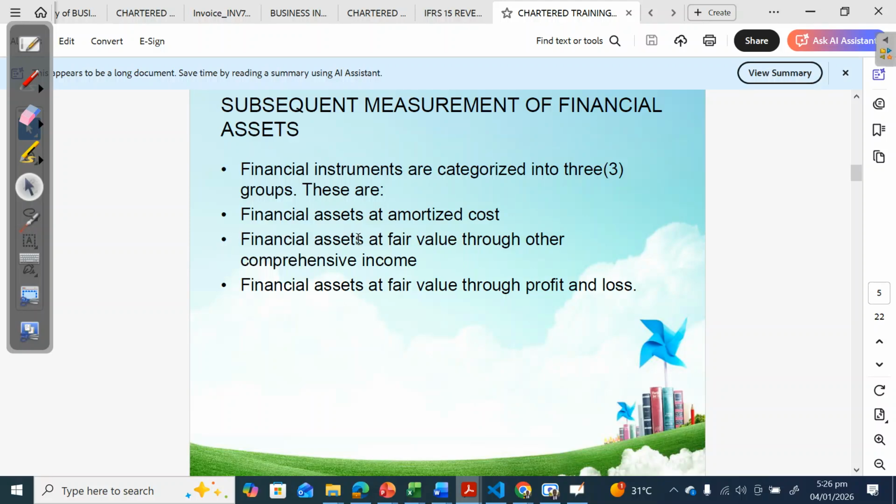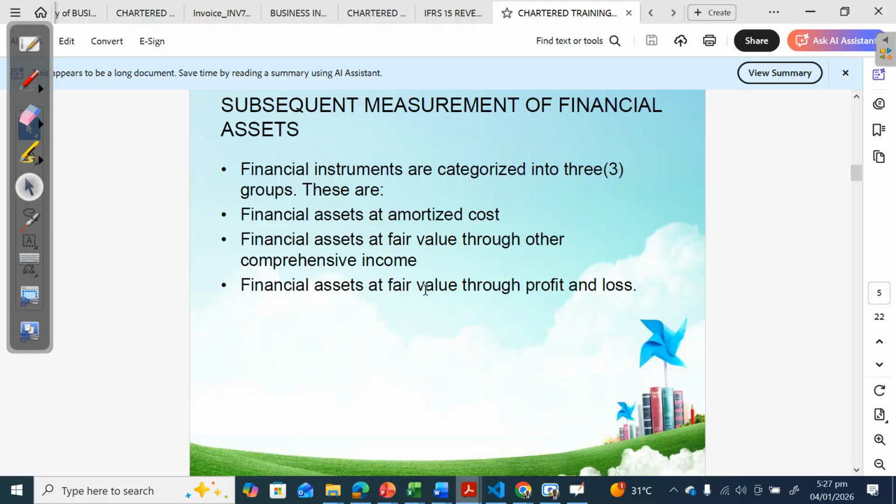Then we have financial assets at fair value through other comprehensive income. Then financial assets at fair value through profit and loss. So when you acquire a financial asset, you have to decide how you are going to classify it: either at amortized cost, or at fair value through other comprehensive income, or through profit and loss.